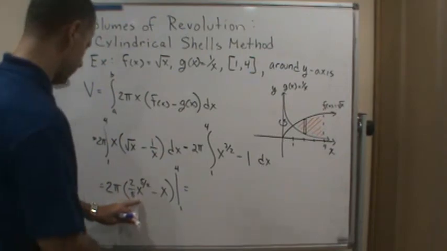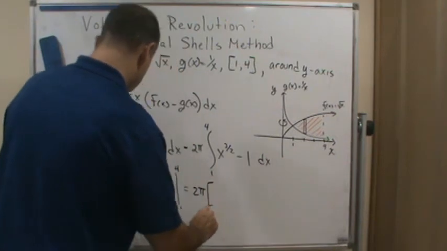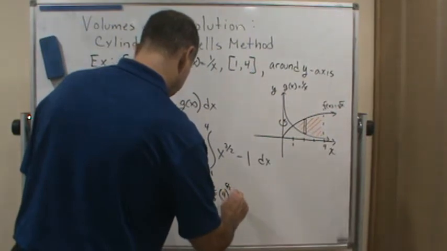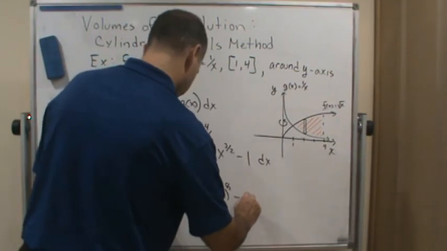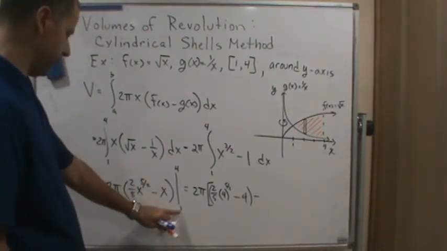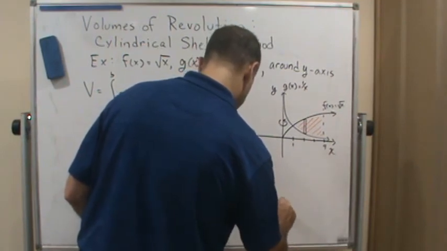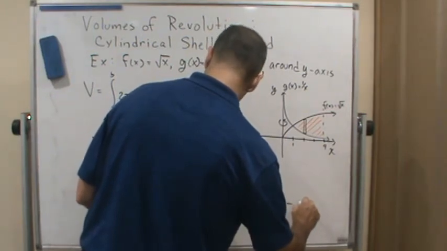Again, we'll do this the same way that we did before, 2 pi, and it'll be 2 fifths times 4 to the 5 halves, which is going to give you 32, minus 4, minus, now we subtract off the same thing evaluated at 1, which is 2 fifths, 1 to the 5 halves, minus 1.